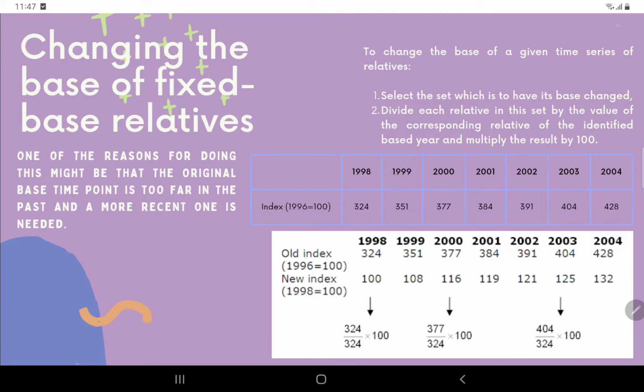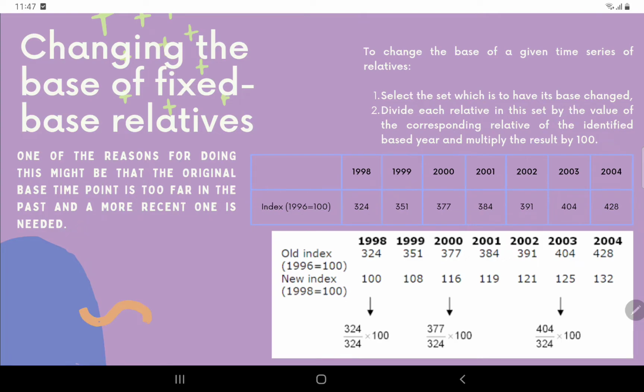Okay, next we take a look at changing the base of fixed base relative. Okay, why do we need to change the base? One of the reasons for doing that might be that the original base time point is too far in the past, so we need to find a more recent one.